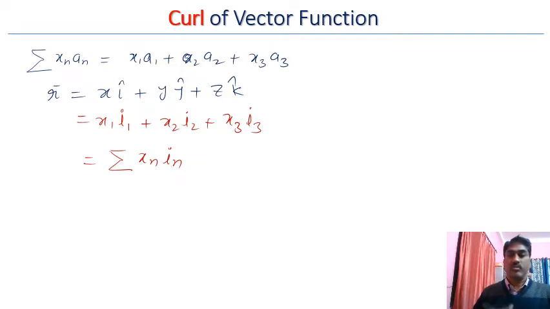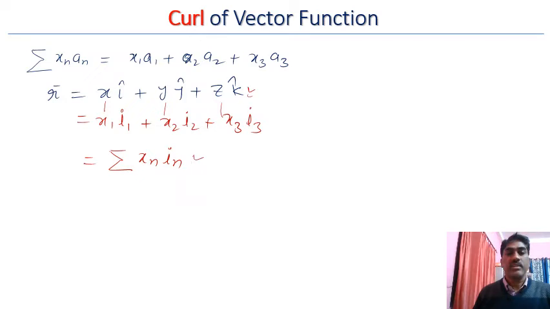Because it is understood that vectors are maximum up to 3 components and start from the first component. So there are always 3 components of vectors. In 2 dimensions you take the third variable equal to 0, means the coefficient of i3, the coefficient of k, is equal to 0. So it always has 3 components. Vector is basically defined with 3 components. We denoted x as x1, y as x2, z as x3, i as i1, j as i2, k as i3.